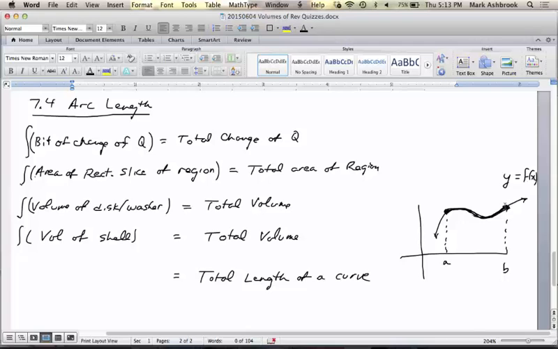I want to get the length of that. That's my goal. What am I going to do? So we should find the length of the curve from point A to B? Yeah, how are we going to do that?